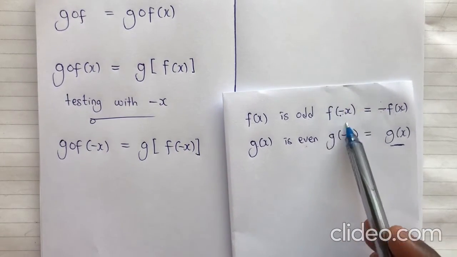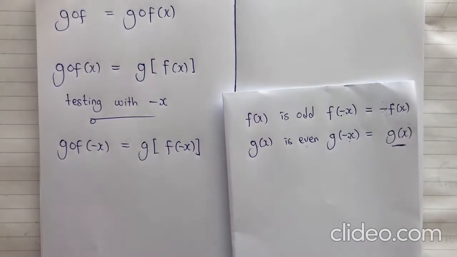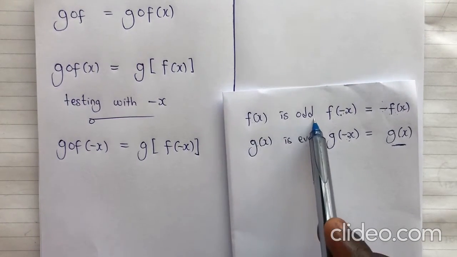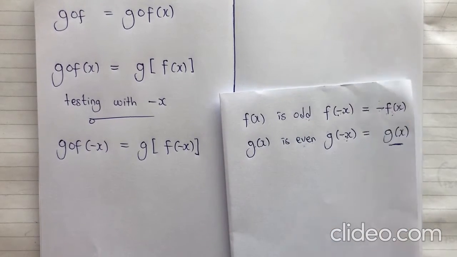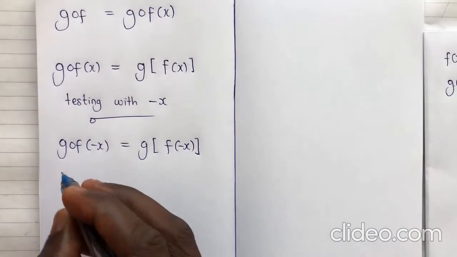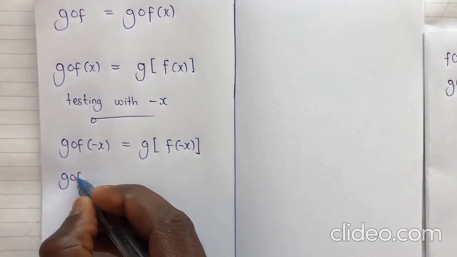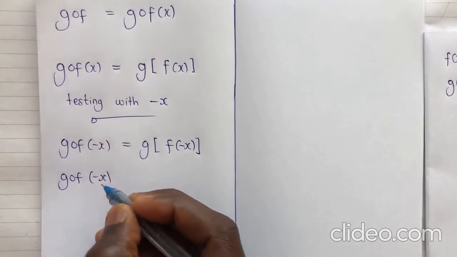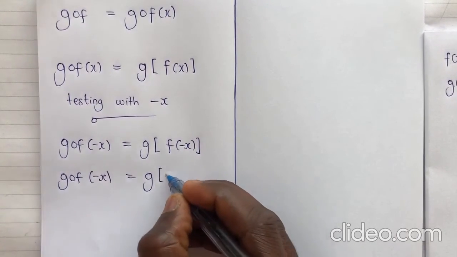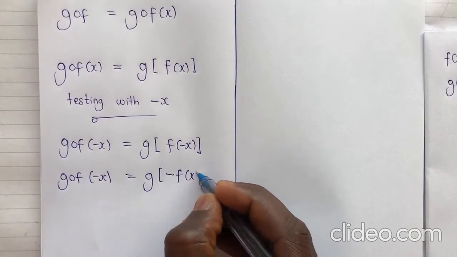So we replace this into the function, and let's see what will happen. Don't forget the f of x function is odd. That is why we are getting this. So wherever we see f of negative x, we put minus f of x. So we have gof of negative x giving us g of minus f of x.